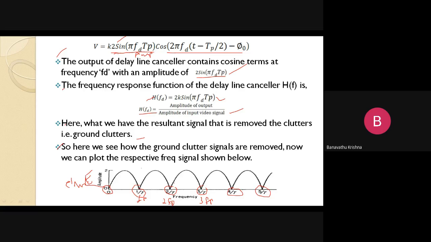What modules are needed to get the moving target in space, and how does it work to give the actual response? Based on that, how does it eliminate the unwanted components, the low frequency signals from the ground or land? All those things we have discussed in this concept.